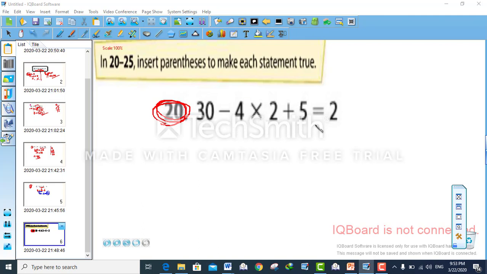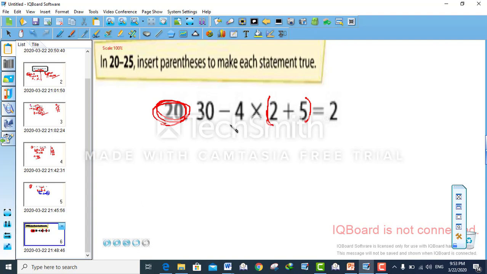If it was 2, it's correct. Let's try to put the brackets over the 5 and 2. If the answer was 2, so the bracket should be here. If it wasn't 2, we should try another place to put our bracket.